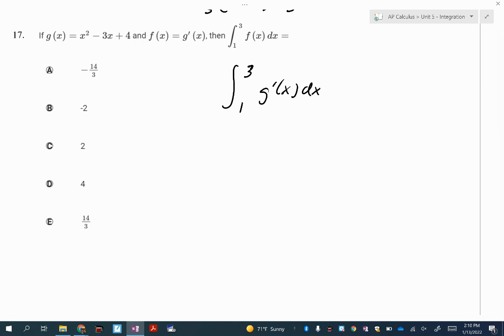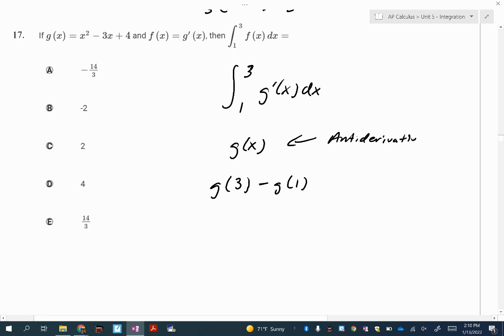So if you're finding an integral of a derivative, then your integral is just going to be g of x. So if I do g of 3 minus g of 1, this is my antiderivative. If I find g of 3 and g of 1 and subtract, I will get the answer.